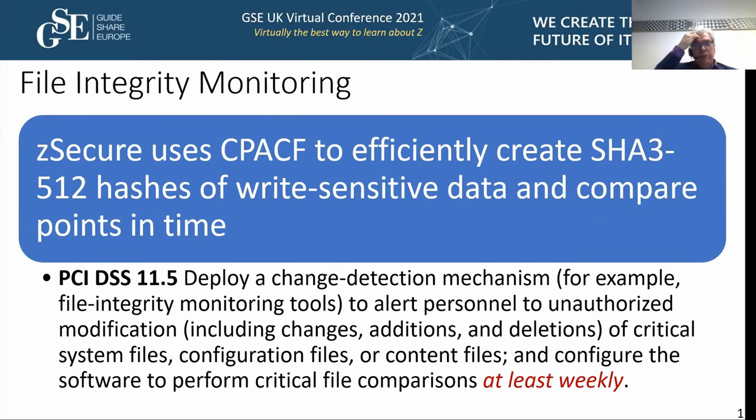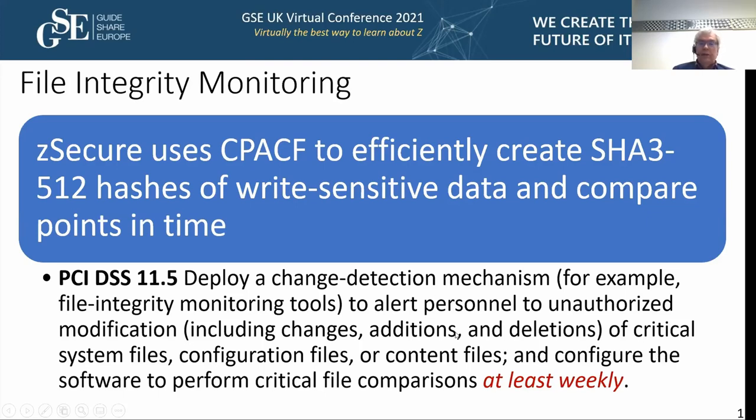That's file integrity monitoring. So file integrity monitoring is what you need to comply, for instance, with PCI DSS control 11.5. So you need to have a change detection mechanism for your parameter libraries like SYS1.PARMLIB and the APF libraries.